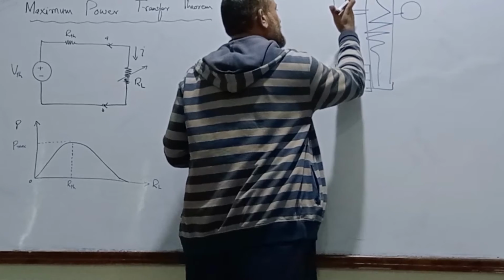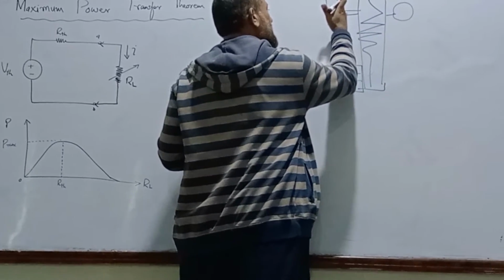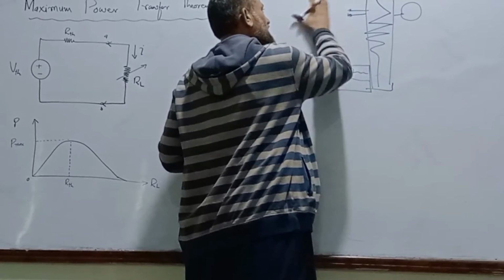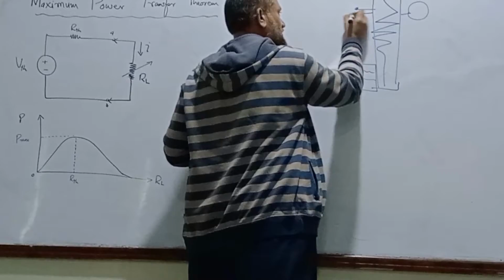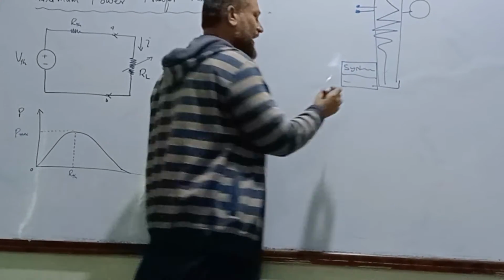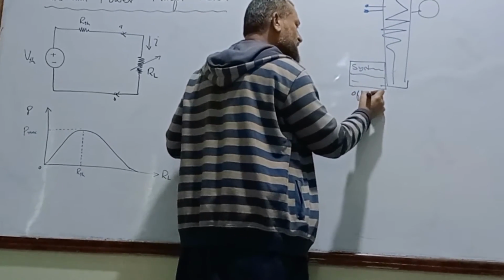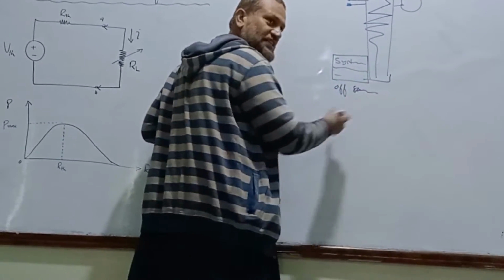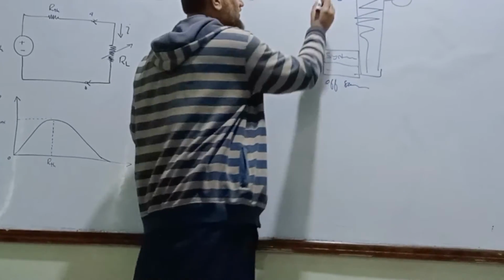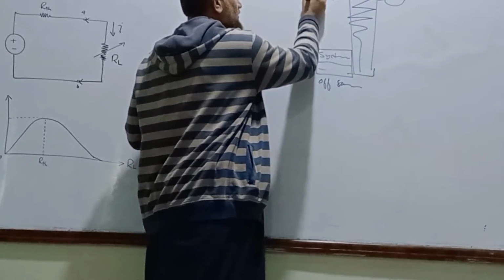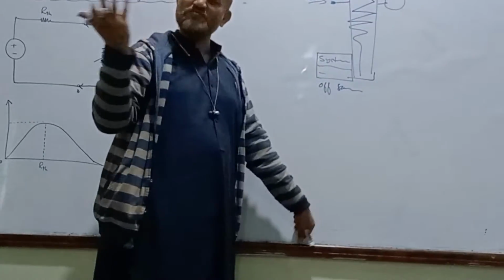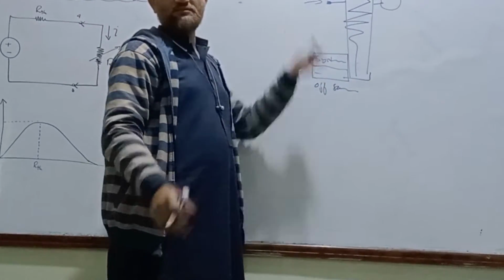When I disconnect this antenna, this is an open circuit, and turn off all the voltage sources and current sources, and find the R thevenin over here. There will be some value for this system.